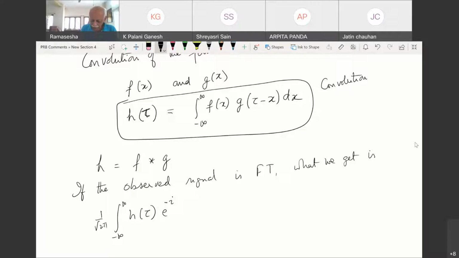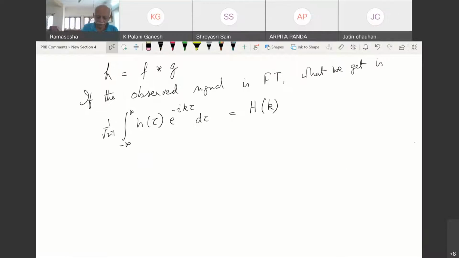So my signal h of tau I know for every value of tau, so I have to integrate it for every tau. Once I get h of k, now, let me put what I am doing here.